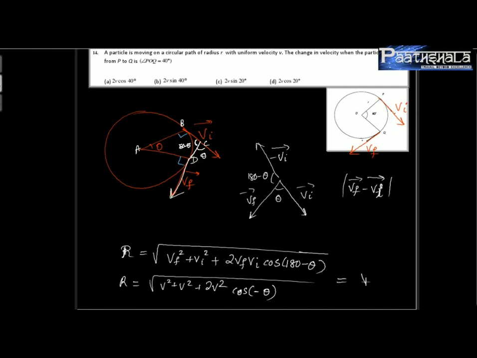So this equals V under root 2 times 1 minus cos theta. Some simplification is required. After some simplification you will get this formula. So this is equal to V under root 2 into under root 2 sine squared theta by 2.